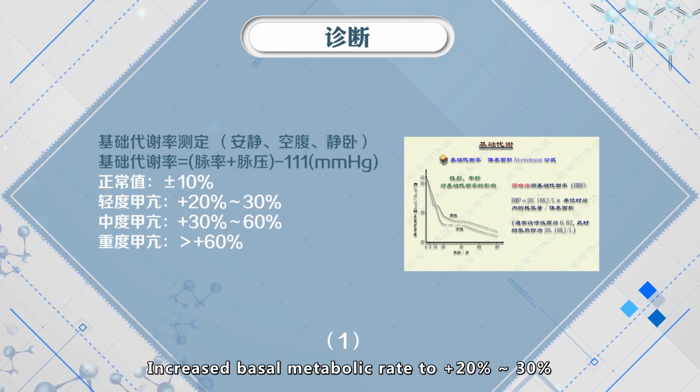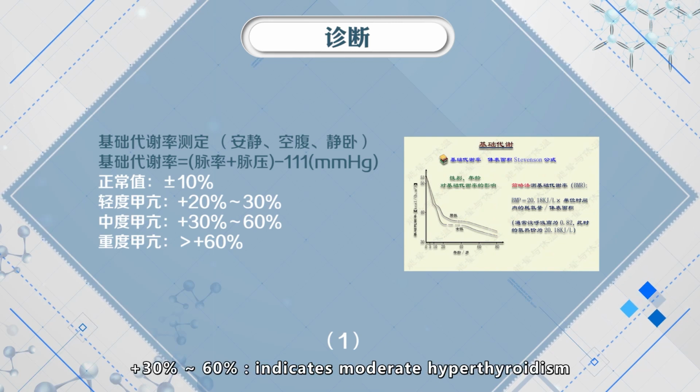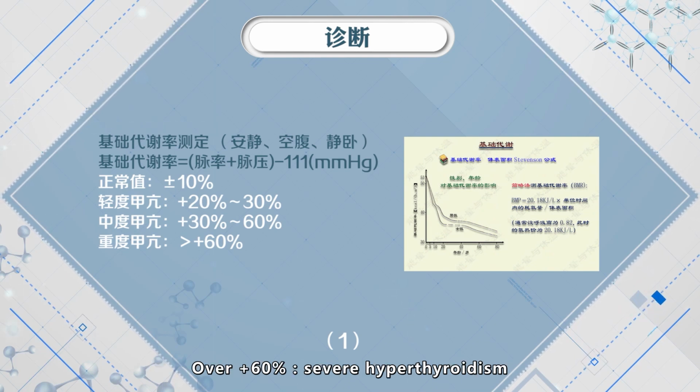Increased basal metabolic rate of plus 20% to 30% indicates mild hyperthyroidism. Plus 30% to 60% indicates moderate hyperthyroidism. Over 60% indicates severe hyperthyroidism.